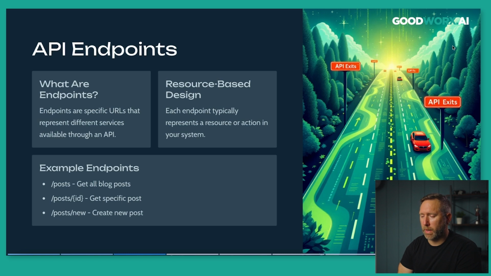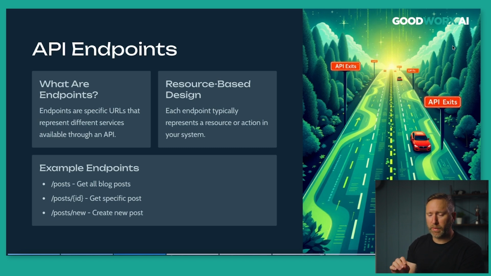So let's say that we have an API that we're trying to connect to manage our blog posts. So for example, one endpoint might be api.example.com/posts. So when you call that endpoint, it will retrieve all blog posts.